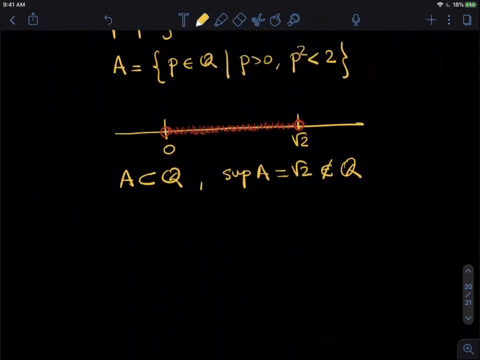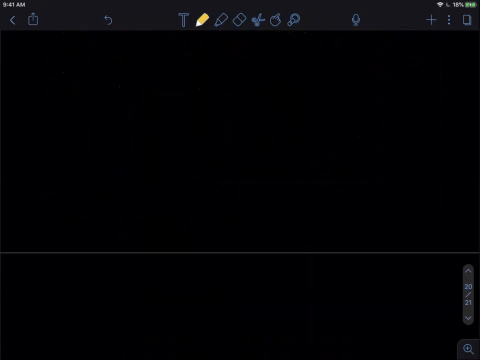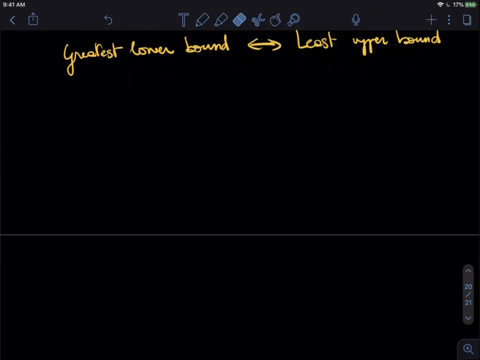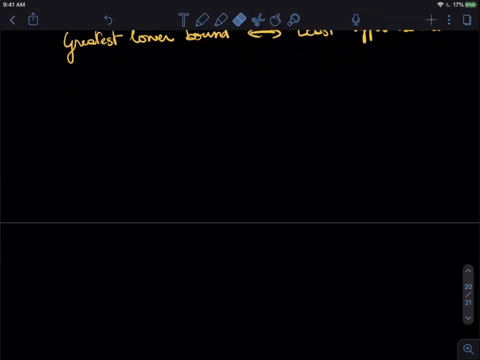There is a very close relation between greatest lower bounds and least upper bounds, and from there we will see what's the utility of all this.